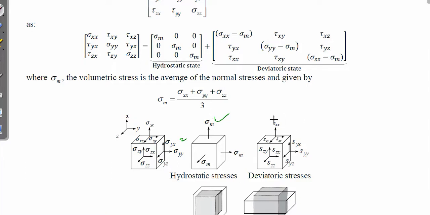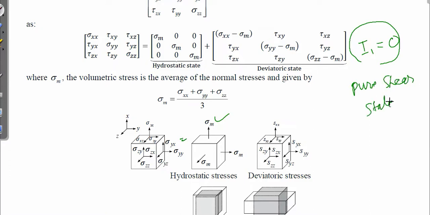In the second case, it is denoted sigma x, sigma y, sigma z, but their summation comes to zero. There is a term called the stress invariant, which comes to zero, and for whatever stress state satisfies this condition, the first invariant I1 equal to zero, that is known as the pure shear state. You can find this in theory books, okay?